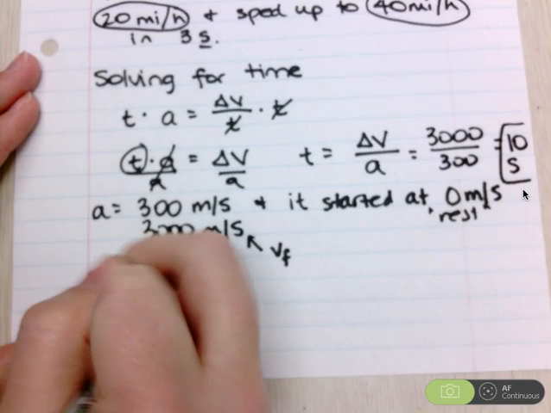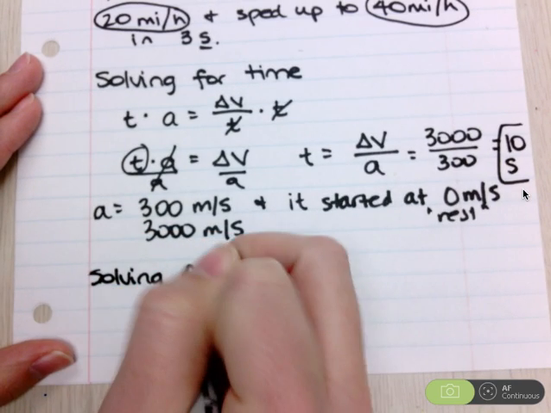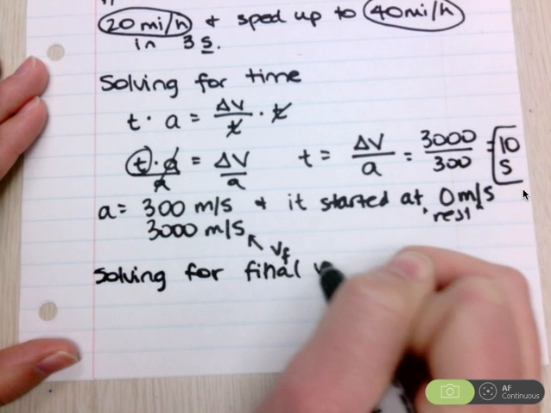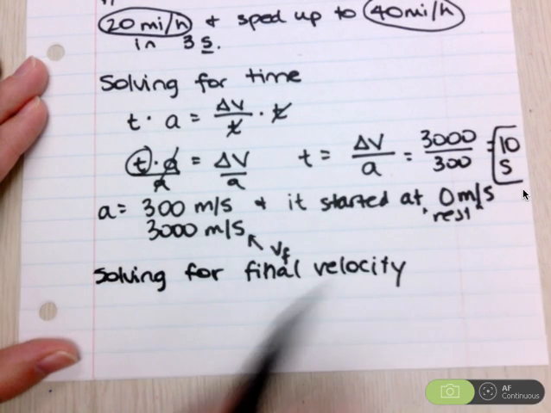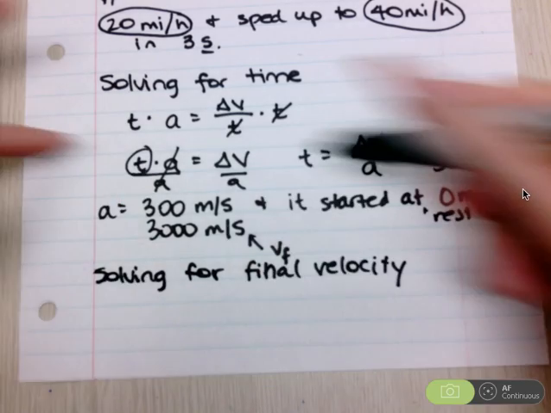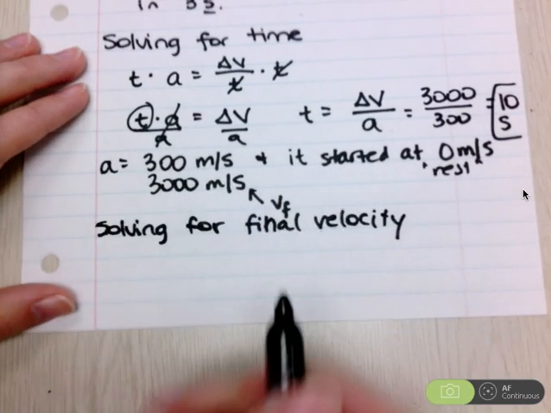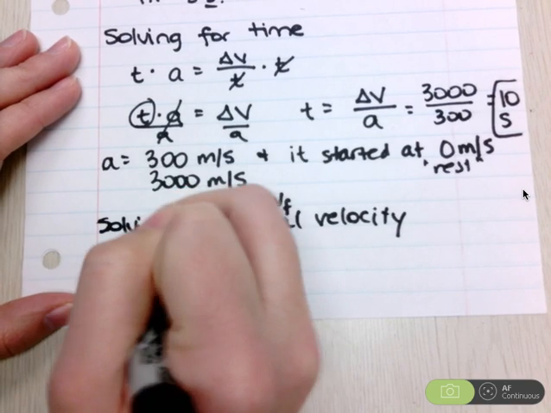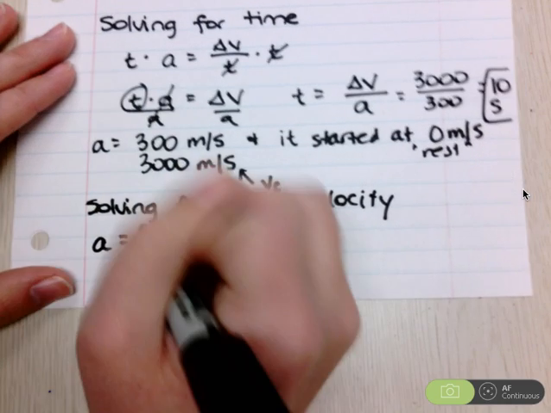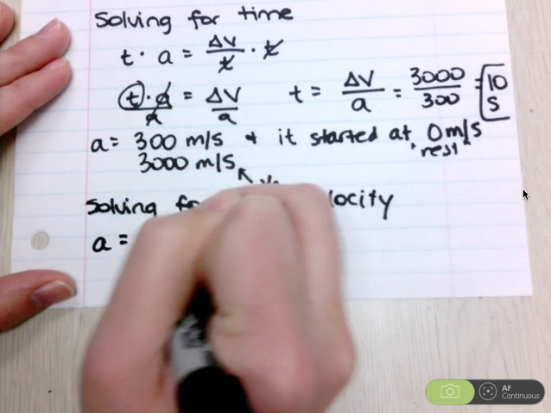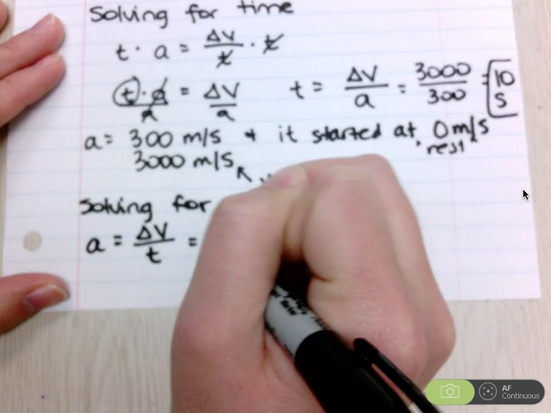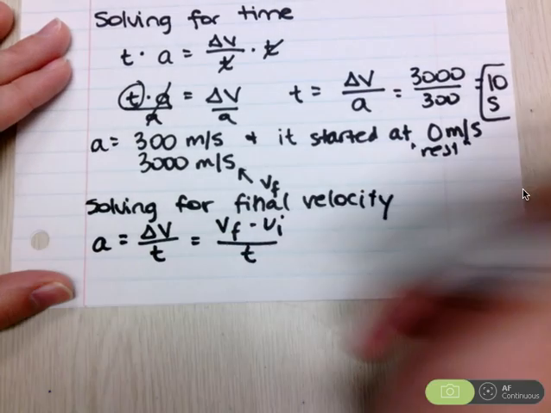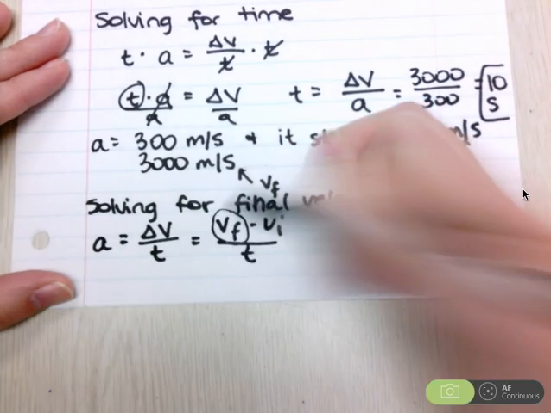Solving for final velocity. The top of your worksheet has all these equations for you already, okay? So, solving for final velocity. Acceleration is the change in velocity over time. But remember, change in velocity is final minus initial over time. This time I want to get VF by itself.